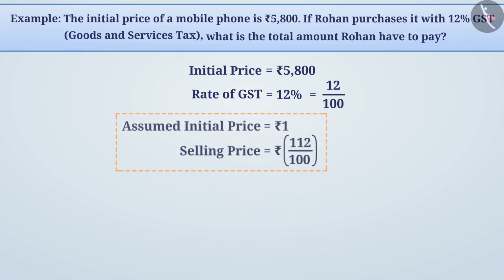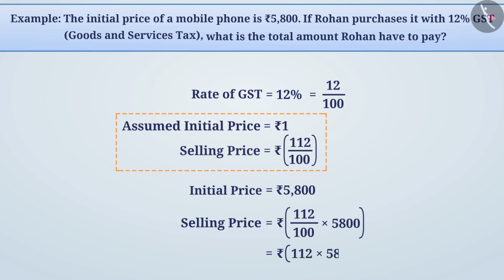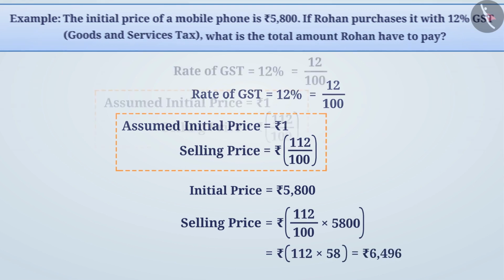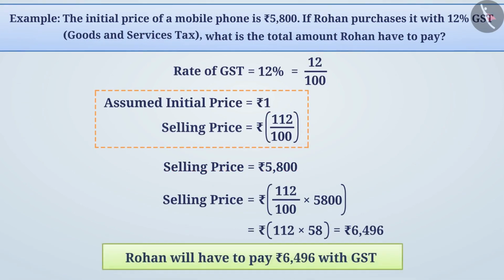In this way, when the initial price is 5,800 rupees, then the selling price will be 112 rupees divided by 100 multiplied by 5,800 rupees, which is equal to 112 rupees multiplied by 58 is equal to 6,496 rupees. After adding GST in this way, Rohan will have to pay 6,496 rupees as the total cost of the mobile phone.